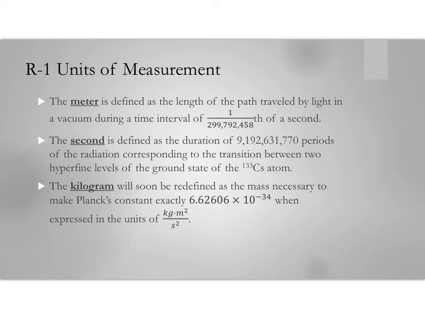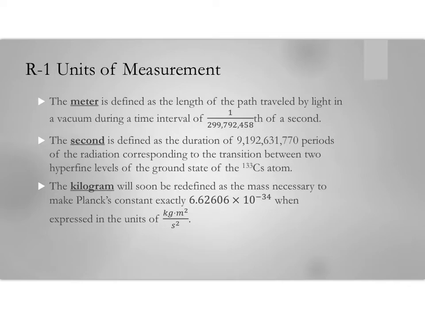The kilogram will soon be redefined as the mass necessary to make Planck's constant, which we will discuss later in this semester, but not in this lecture itself. So it'll be the mass necessary to make Planck's constant exactly 6.62606 times 10 to the negative 34th, when expressed in the units of kilogram meters squared per second squared.